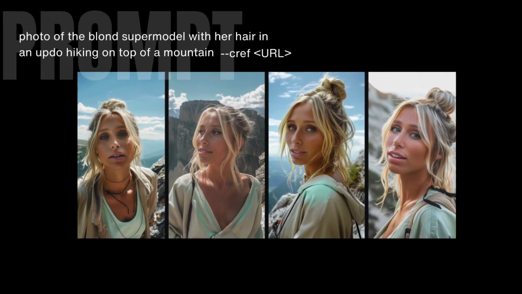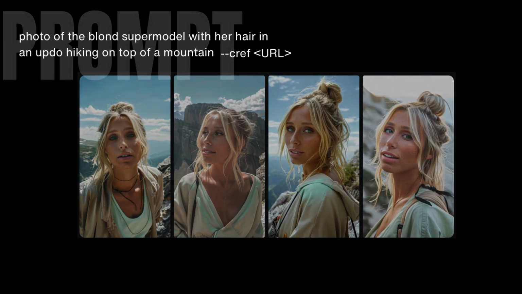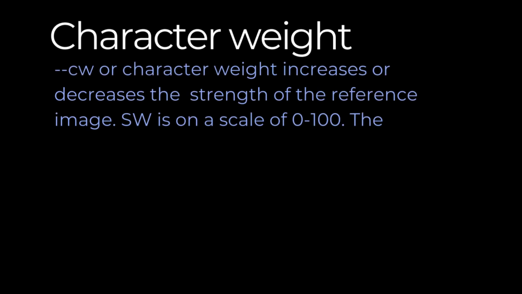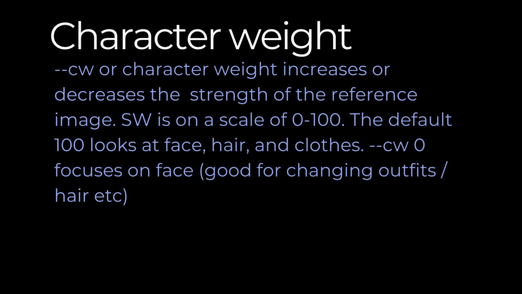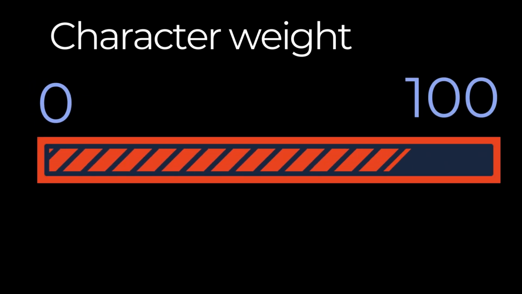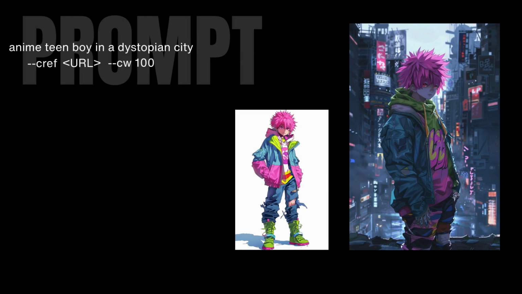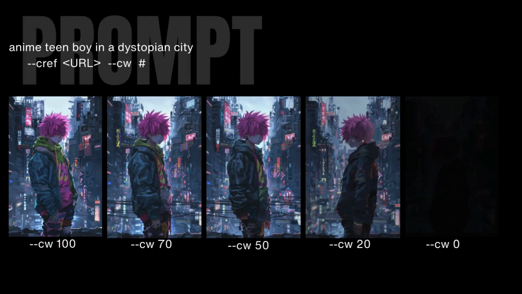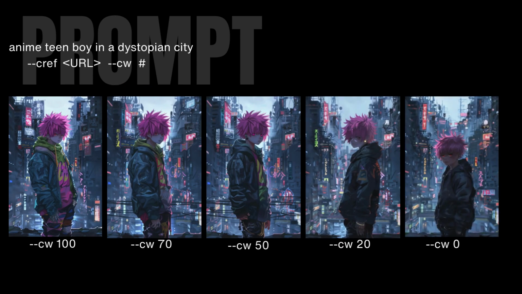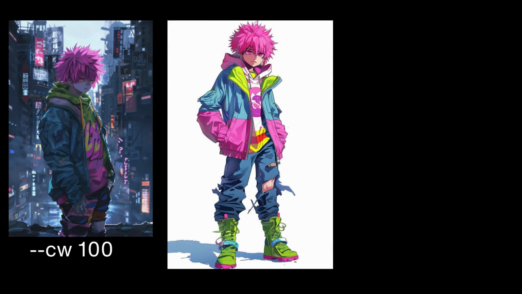And there is one more tool you should know about that goes along with character reference. It's called character weight. Character weight, or --CW, works on a scale from 0 to 100, but it works a little bit differently from style weight. Unlike style weights or image weights, character weights have specific functions. For instance, --CW 100, which is the default, looks at the character's face, hair, and clothes.